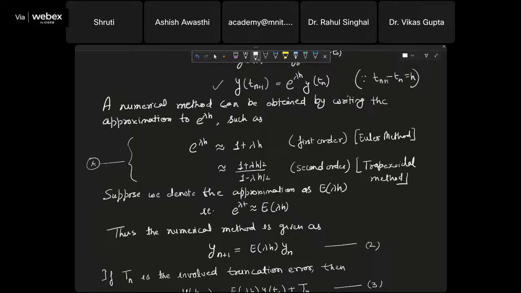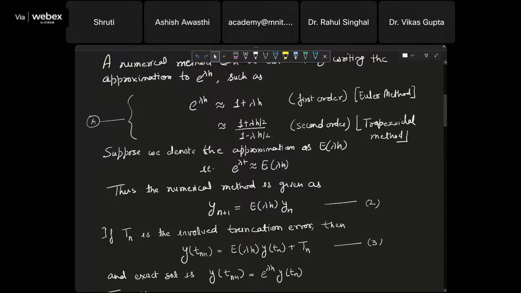Okay, so from here, after doing the approximation, we get this numerical method as written in equation number 2. And from there, now if we add the truncation error, we can write down the exact value of the solution at n plus 1 step. Okay, so Tn suppose is the truncation error involved in the nth step.